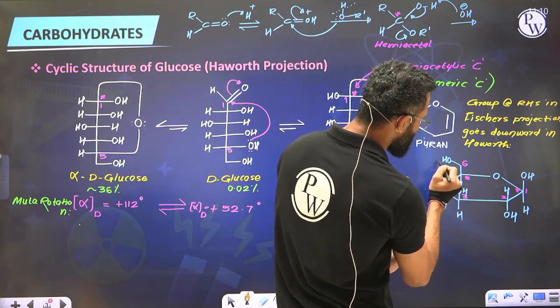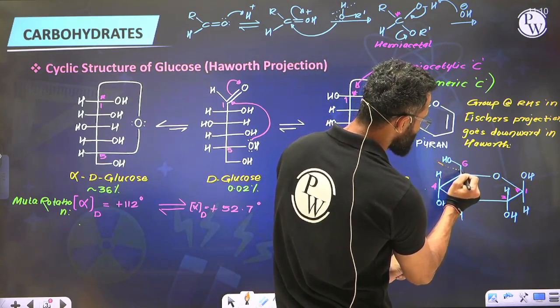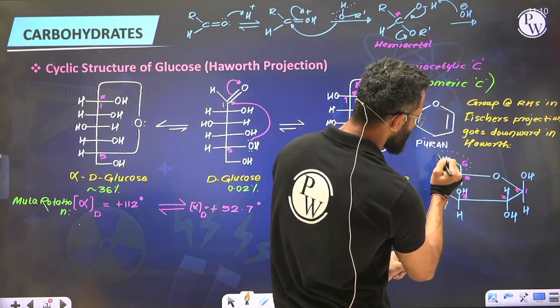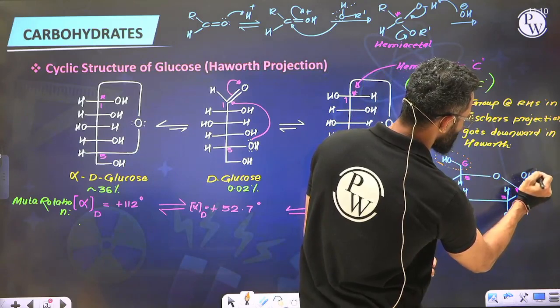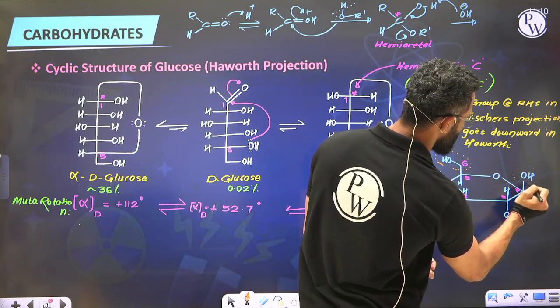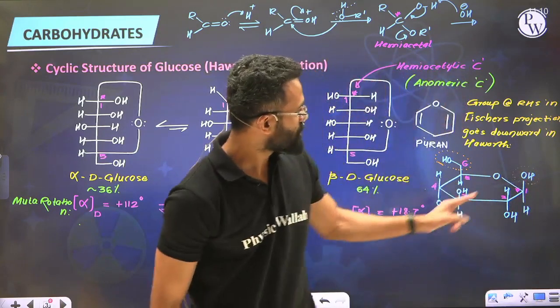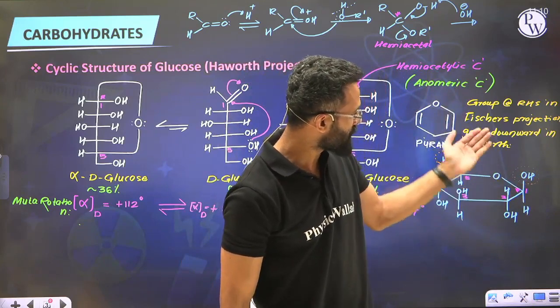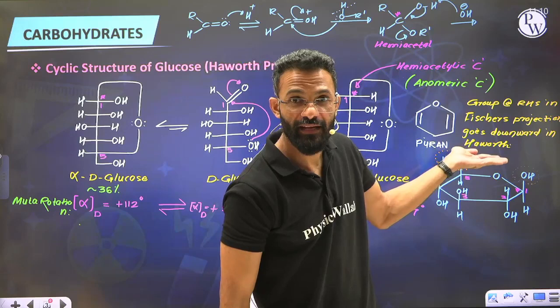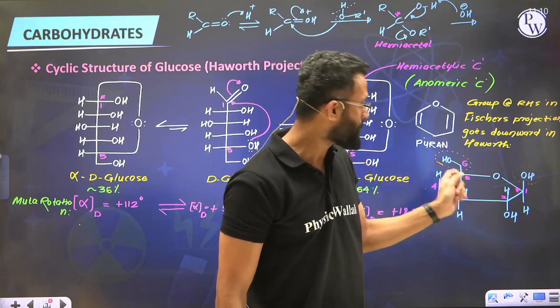At those carbons the valencies are, one is CH2OH and the other is OH. If you observe that both groups are above the plane, or both are on the same side of the plane, then that indicates it's a beta anomer.